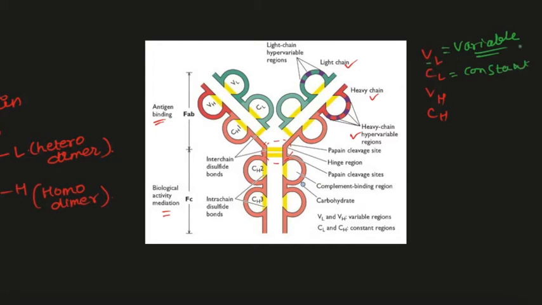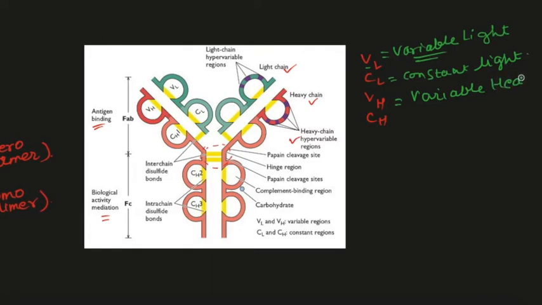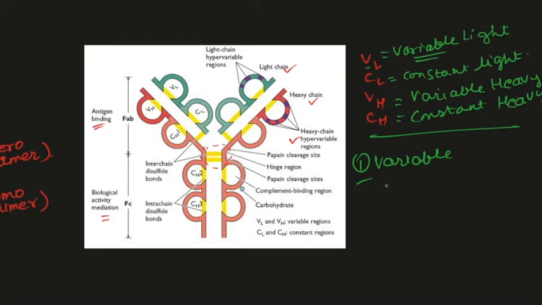So VL stands for variable light, CL stands for constant light, VH stands for variable heavy, and CH stands for constant heavy. Now we will try to understand two concepts behind it. The very first concept is why one chain is variable and why one chain is constant.